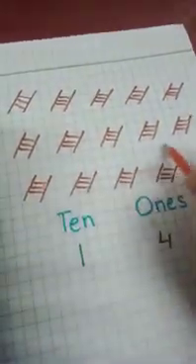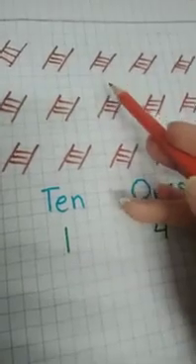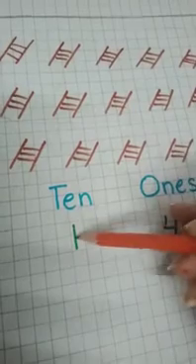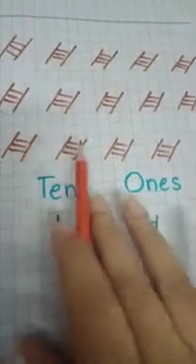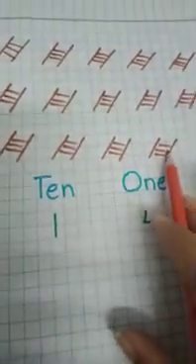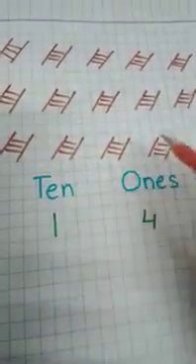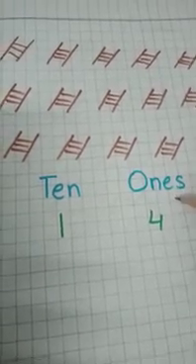Make a circle around the 10 ladders like this. This is 1 ten, a group of 10 ladders. And the remaining ladders are 1, 2, 3, 4. 4 ones. Turn your page.